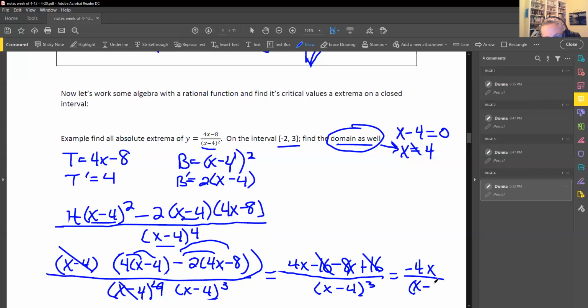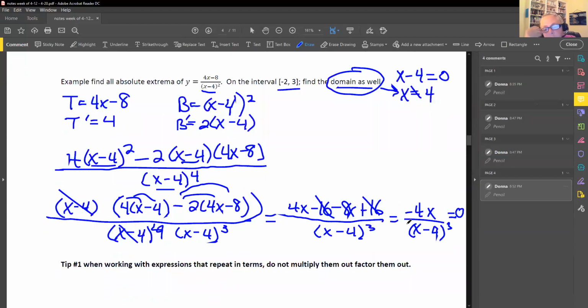The nice thing with rational functions, to figure out the critical values, is I set this to 0. Where it equals 0 is pretty much where the top is 0. So if negative 4x equals 0, x equals 0 is a critical value, and it's on the interval, so I need to test it. I'm going to start setting up my chart: negative 2, 0, 3.